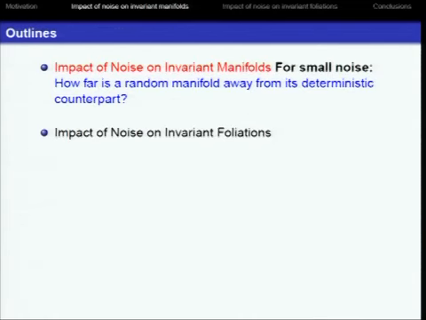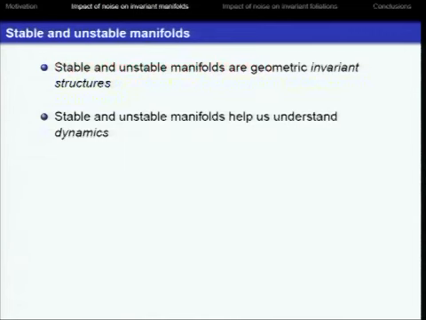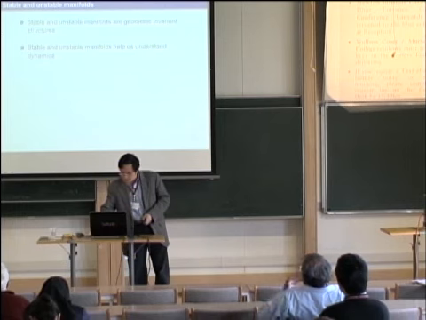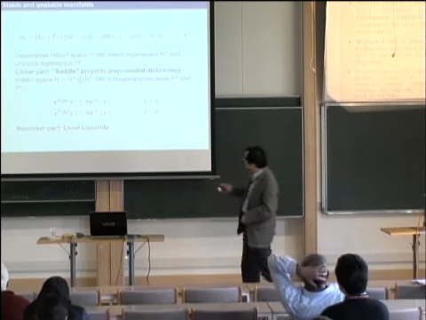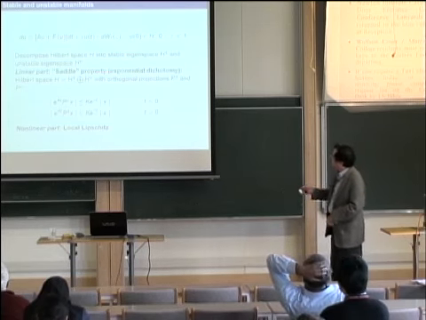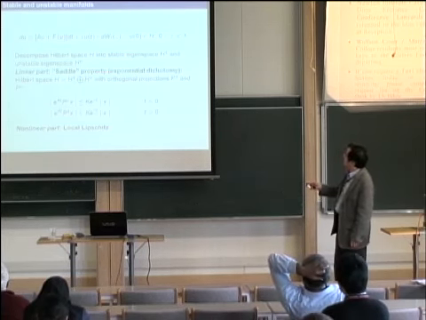Now, let's get to the first issue: the impact of noise on invariant manifolds, the small noise case. This is just a reminder of why manifolds are important. They are geometric structures that carry dynamic information. Now, this is the general setup here. So we have, I think, this PDE.